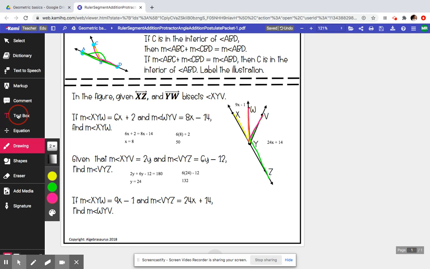Well, of course we can, because we know that 9x minus 1 is also going to equal WYV.